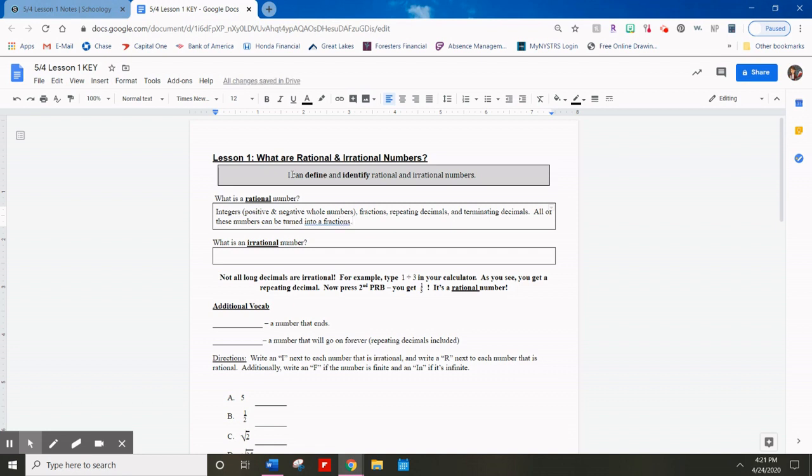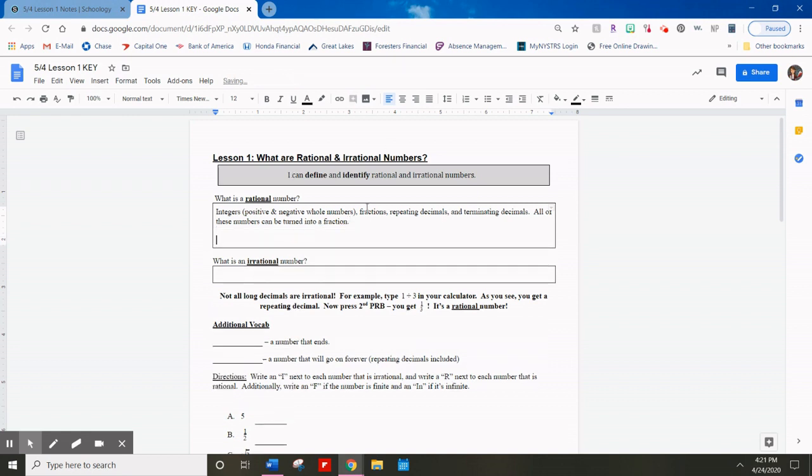So if you have a calculator, if you have one of the scientific calculators from school, even better. To check on your calculator if something can be made into a fraction, you're going to press second PRB.